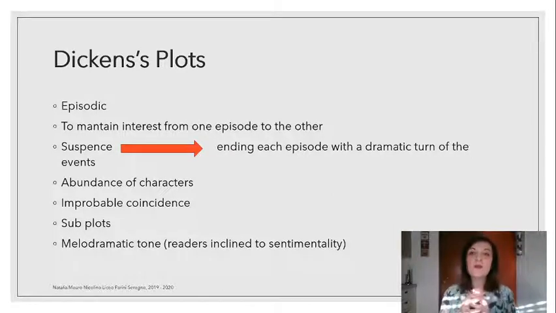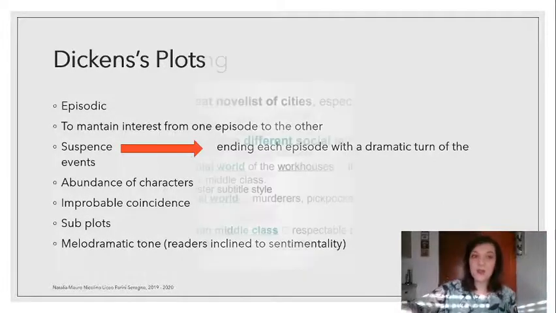The middle class Victorian readers, the new readers, were inclined to this kind of sentimentality. They wanted to cry, they wanted strong feelings, this sentimentalism. And in order to please his readers, because he needed the money of his readers, Dickens wrote using this kind of melodramatic tone.